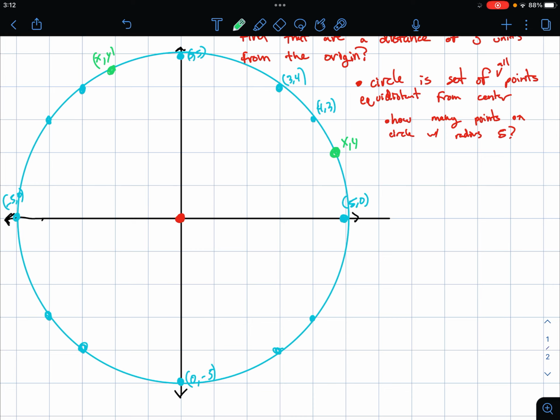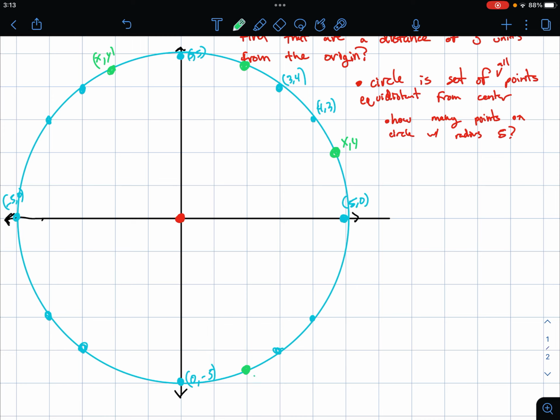One idea is if we choose an x coordinate, we could find its corresponding y coordinate. For example, say I pick my x coordinate to be 2, and I go over 2 and down here, or over 2 and up here, noting that we get 2 y coordinates whenever we pick an x coordinate, because there are 2 ways that the vertical line will pass through the circle.